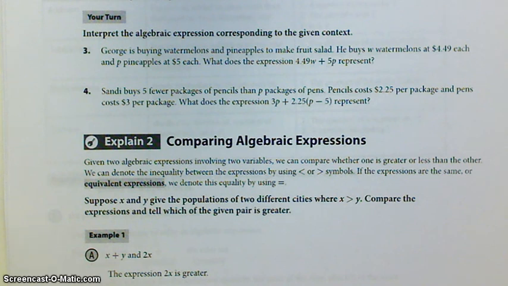Sandy buys 5 fewer packages of pencils than packages of pens. Pencils cost $2.25 per package and pens cost $3 per package. So they wrote the expression for you, 3P plus 2.25 times P minus 5. And what does that expression represent? Well, the expression represents the total cost of pens and pencils that Sandy buys.